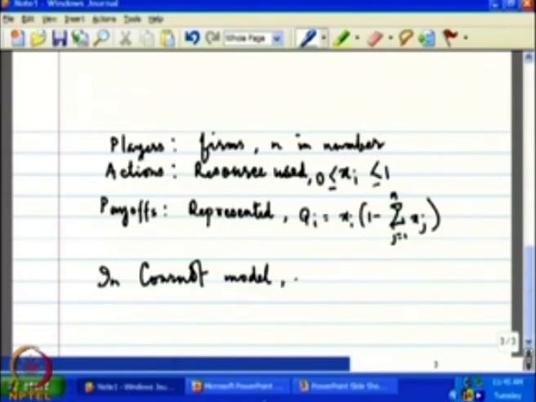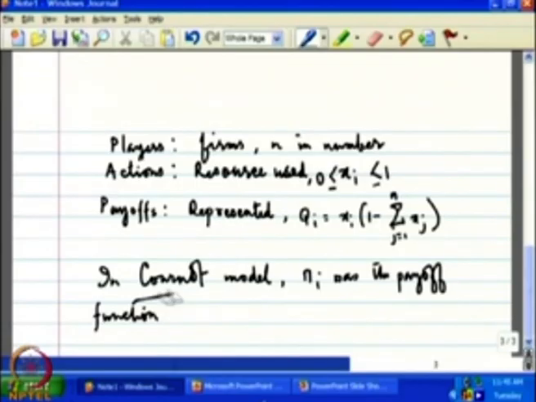So, maximizing pi i was the payoff function which they were maximizing, and it was given by xi multiplied by (alpha minus c minus x1 minus x2).